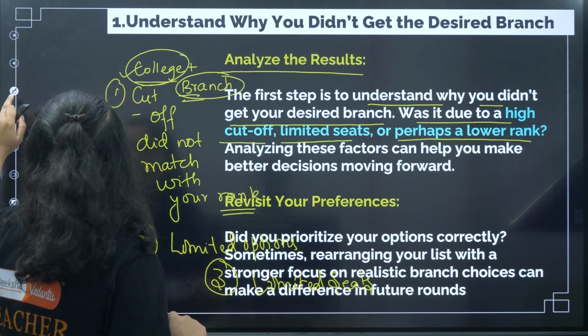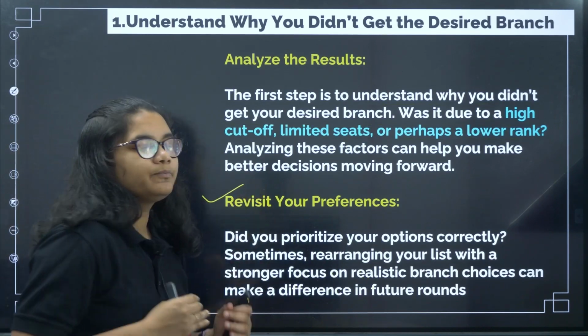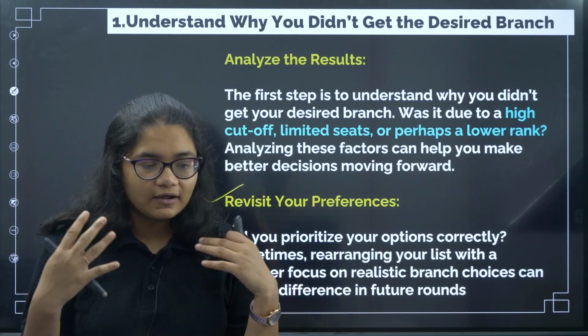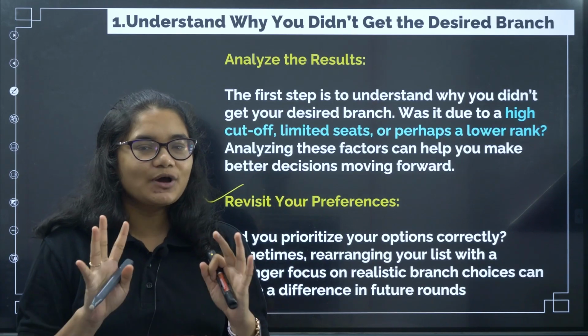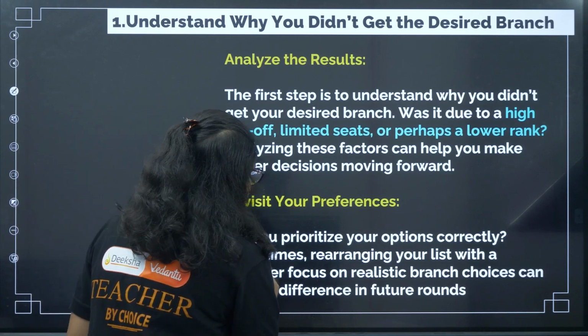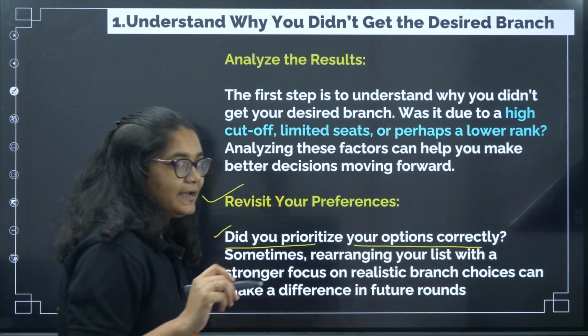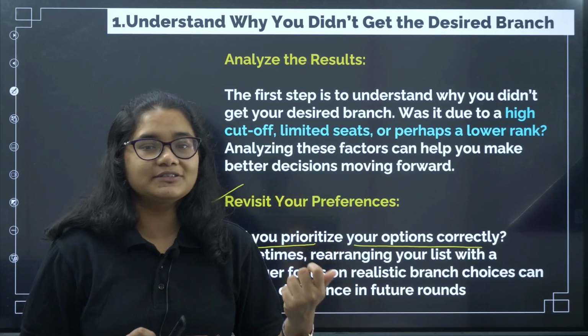Now how can we solve it? You have to revisit and check your preference list again. See, you have to check whether you prioritized your options correctly. Did you give preference to your desired branch or not?